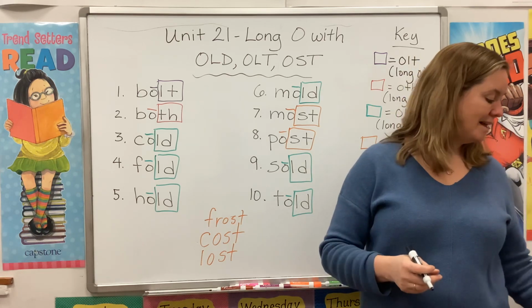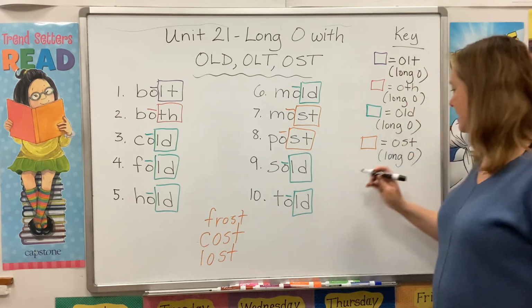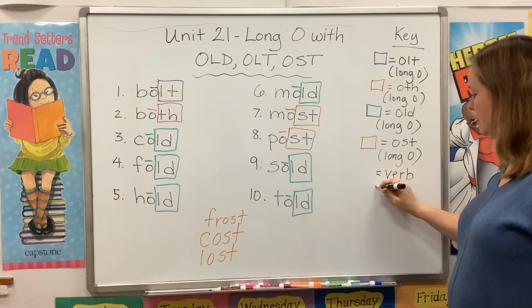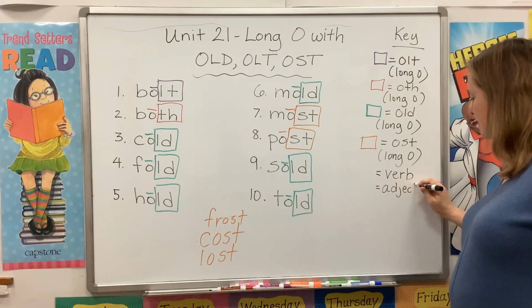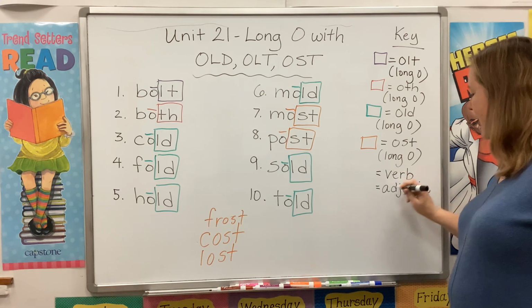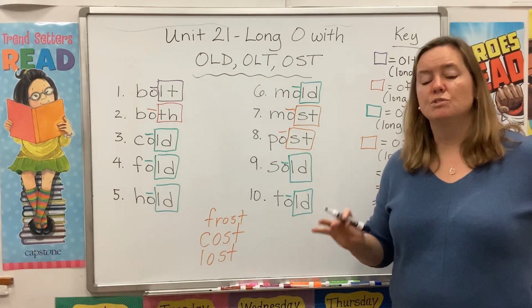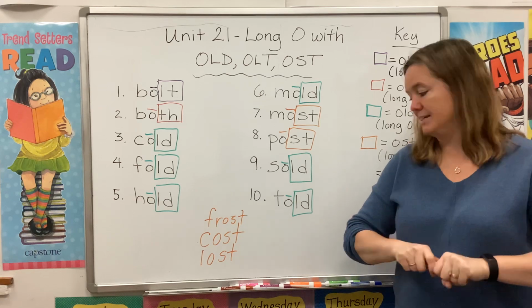Okay, what I want to do next is I want to go through the list, and as I do, we're going to look for verbs, we're going to look for adjectives, and we're going to look for nouns. Okay, those are 3 parts of speech that we've talked about so far this year.